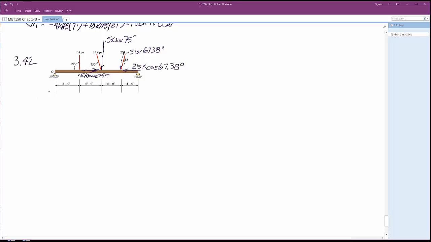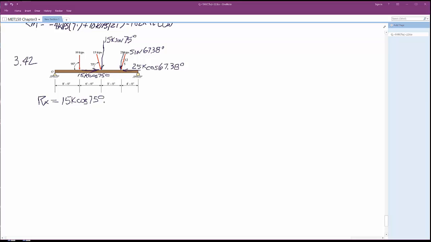So then we'll do reaction. Now again, as I showed you in class the other day, we have to do a reaction at X, and that's going to be 15 kips cosine of 75 degrees. And that's a positive value, it's going to the right.